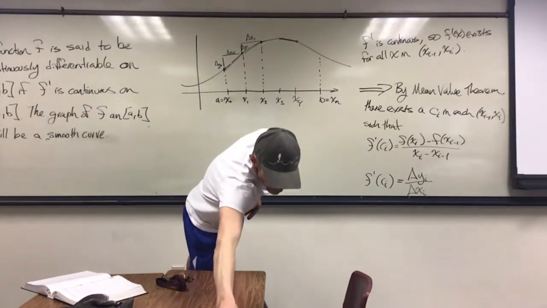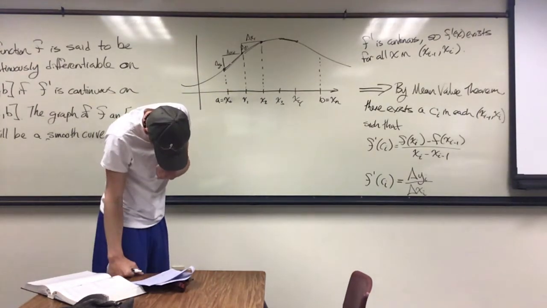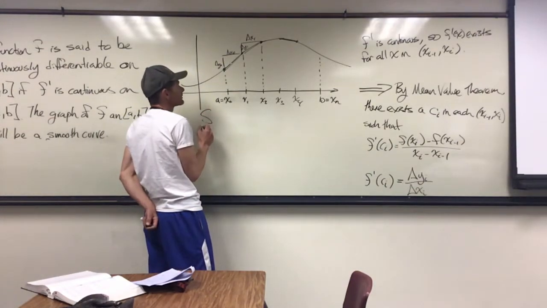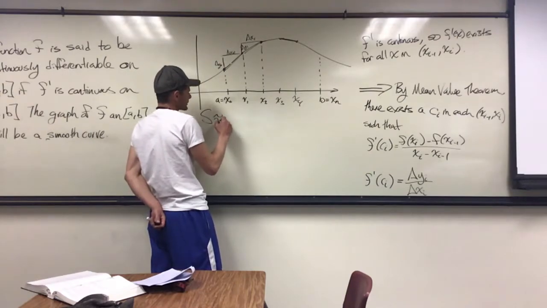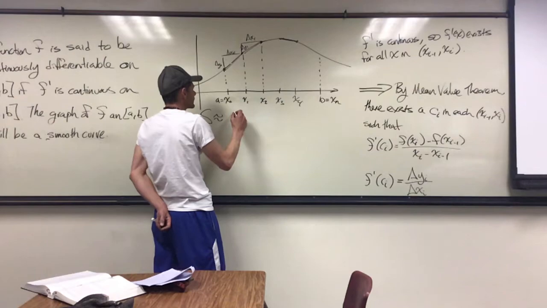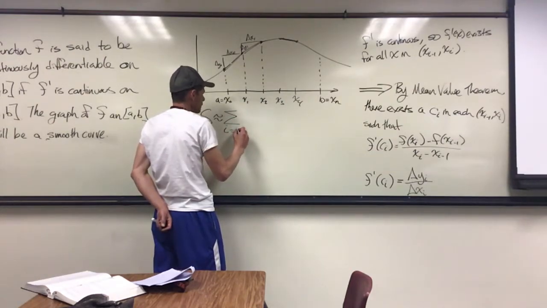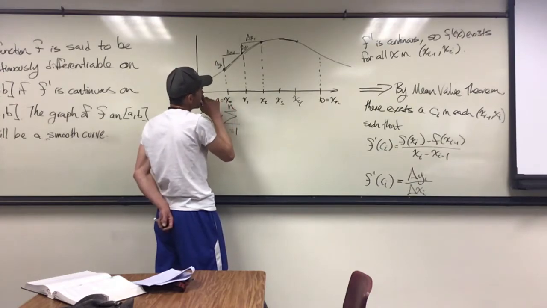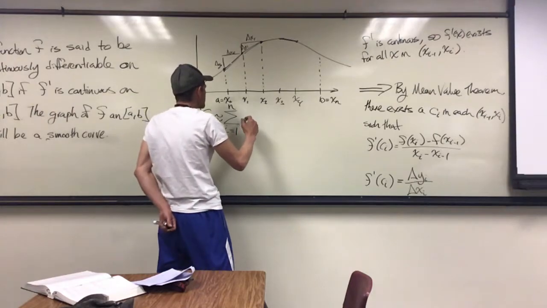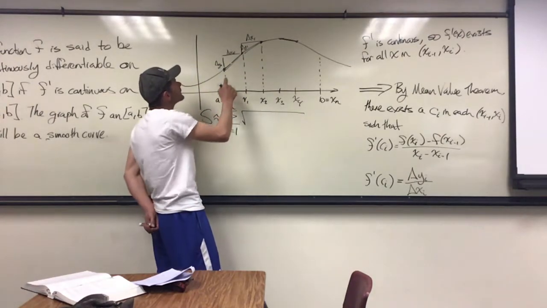Let me make sure I use the right notation. We will say that the length of the curve S is approximately, and we're just going to add up all these little guys, a summation from i equals 1 to n. How do we do this? We do the distance formula, right?